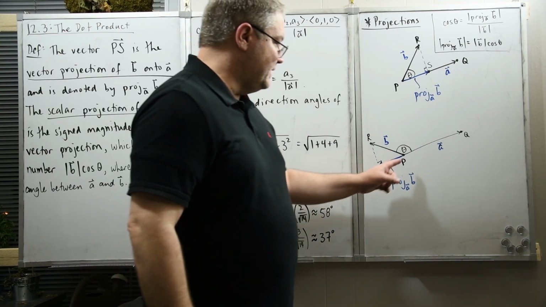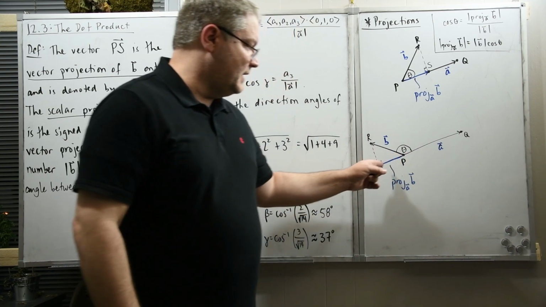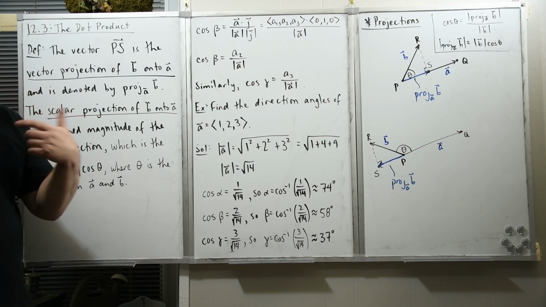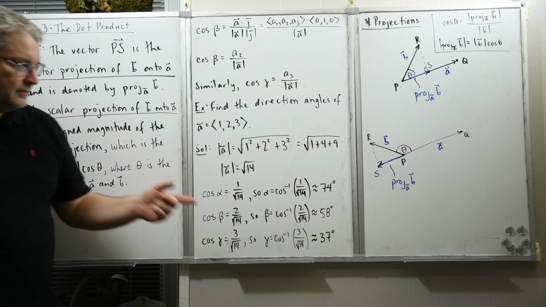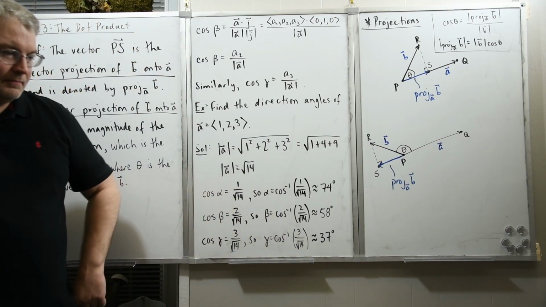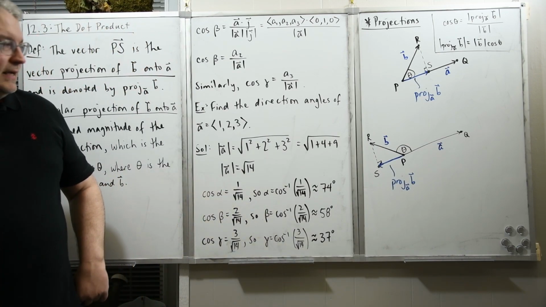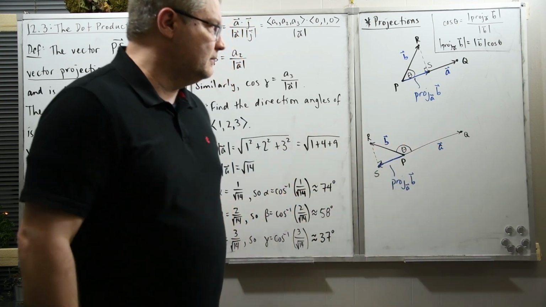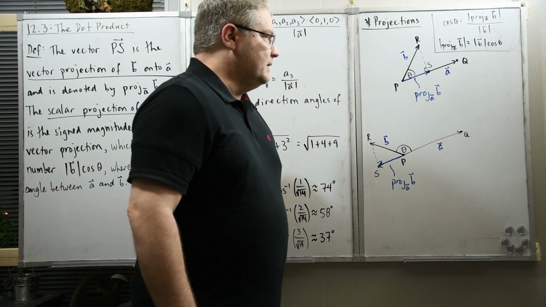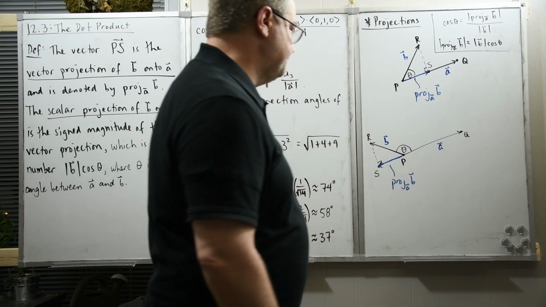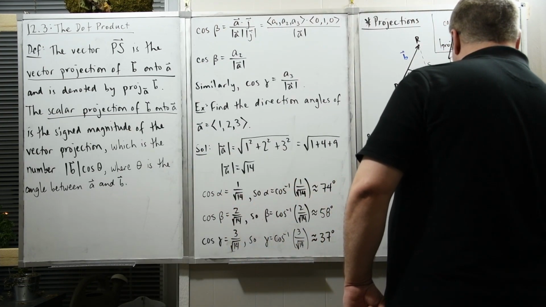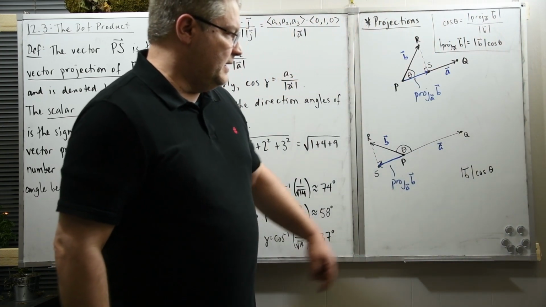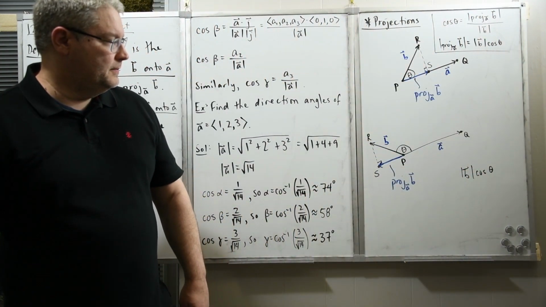Now, if we take a look at the magnitude of the projection of B onto A here, the magnitude of the vector is going to be positive in this particular situation. But the signed magnitude would be negative because this projection vector is pointing in the opposite direction of A. And so if you think about what the magnitude of B times cosine theta would look like in this case, cosine theta is going to be negative.